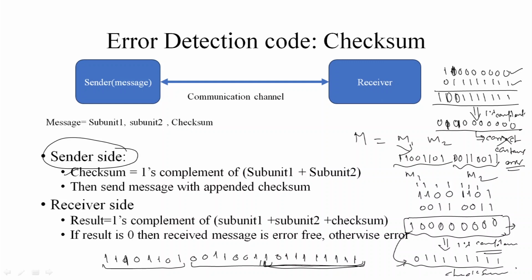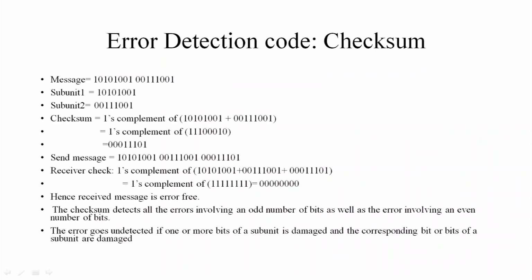But there is some drawback of this method. The checksum detects all errors involving an odd number of bits as well as errors involving an even number of bits. Here it is not a matter whether the number of ones is odd or even.